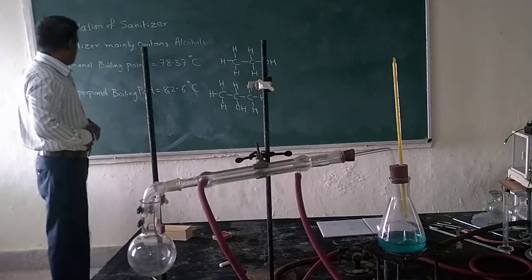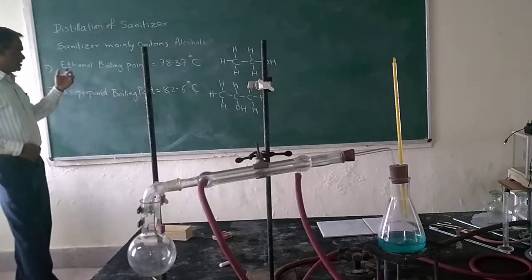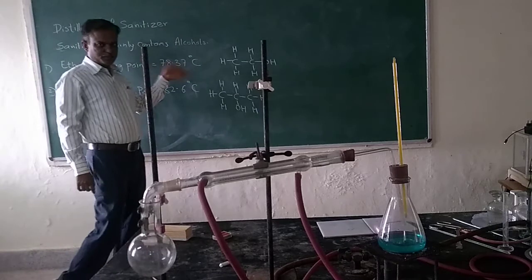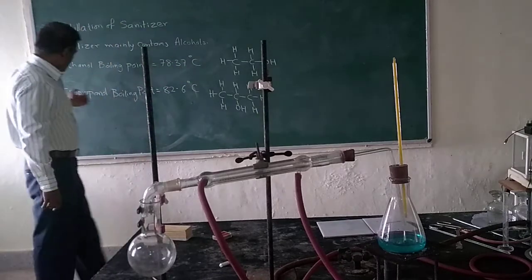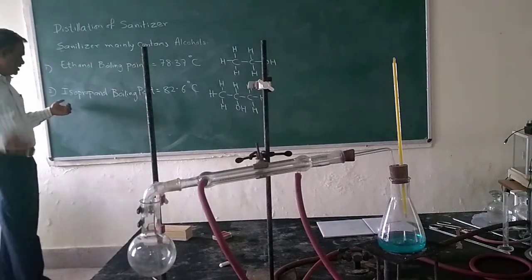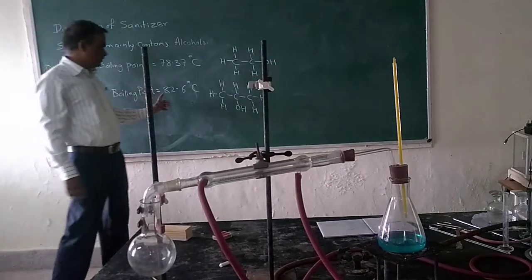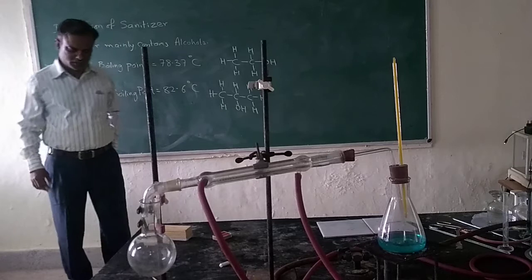If the sanitizer contains ethanol, then the boiling point will be 78.37. And if the sanitizer contains isopropanol, then the boiling point will be 82.6 degrees Celsius.